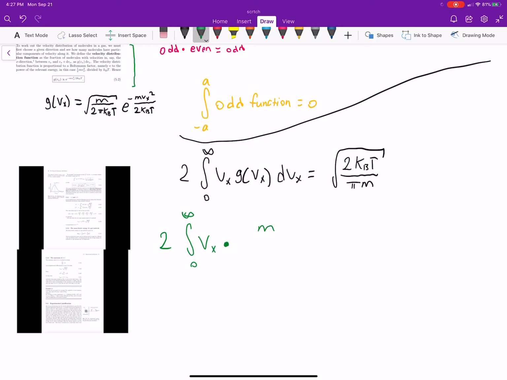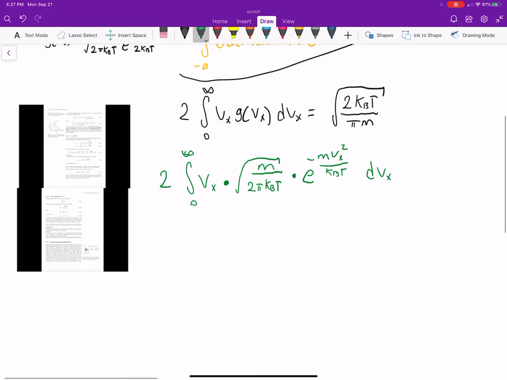We have our constant, which is m over 2 pi kBT, square root, times e to the minus m vx squared over kBT dvx.